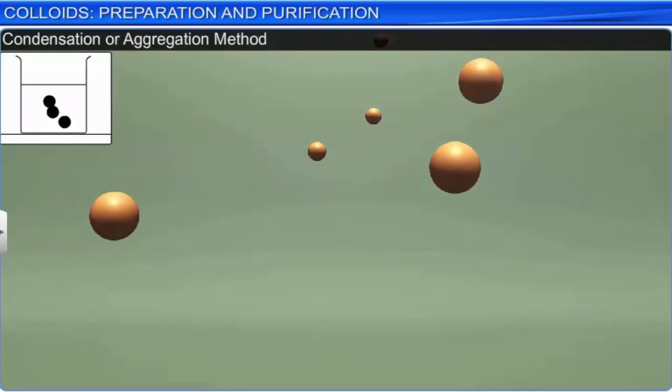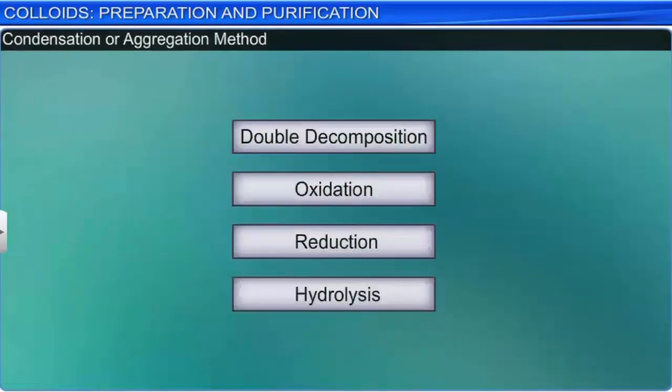The colloidal solutions are obtained by certain chemical reactions, namely double decomposition, oxidation, reduction, and hydrolysis.